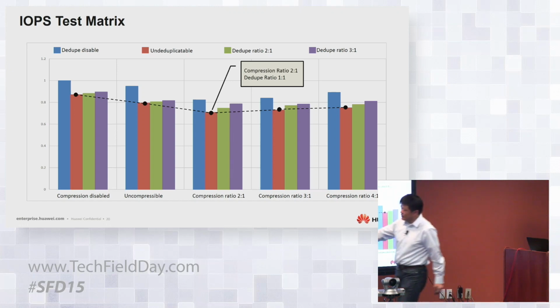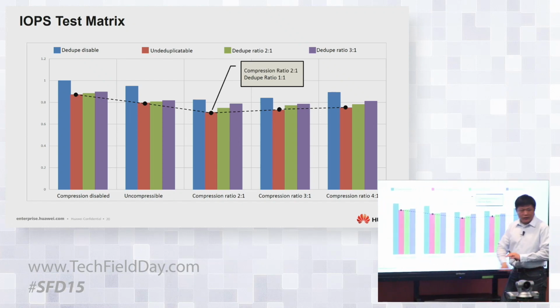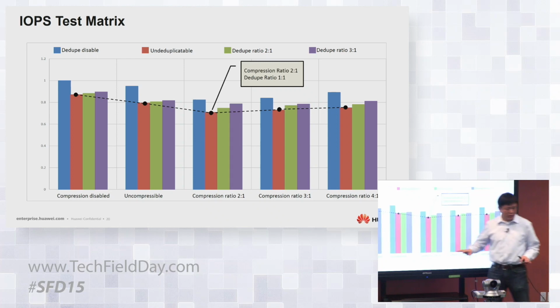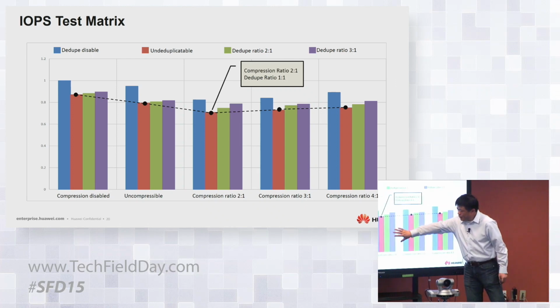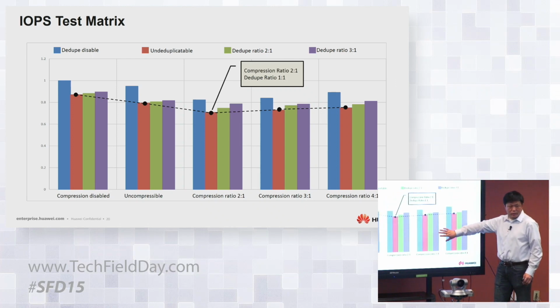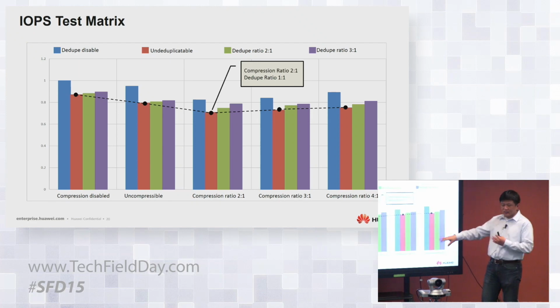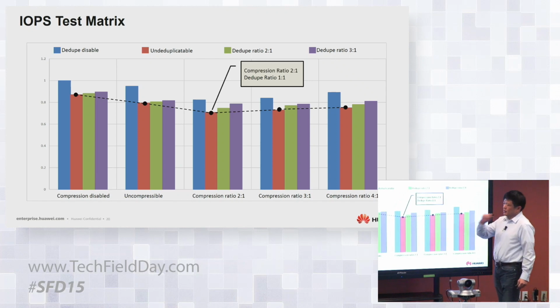For example, this one means we have compression completely disabled, regardless of the data. This one is uncompressible data, meaning compression ratio is 1:1. Then we have compression ratio 2:1, 3:1, and 4:1. These are different data patterns, just different input data.